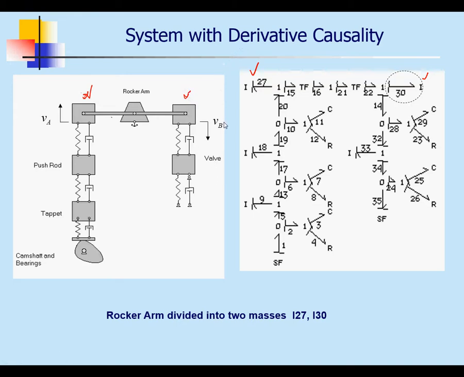So when you assign the causal marks, this one becomes derivative causality. If you have the I element in integral form, it would be like this. But the I element in derivative form is going to be like this, see?